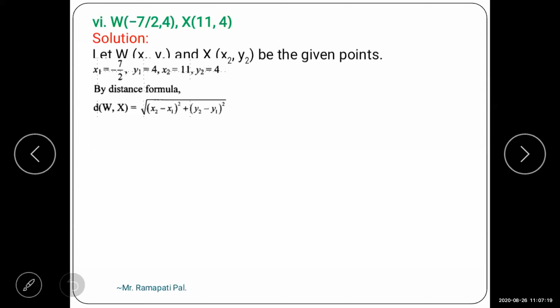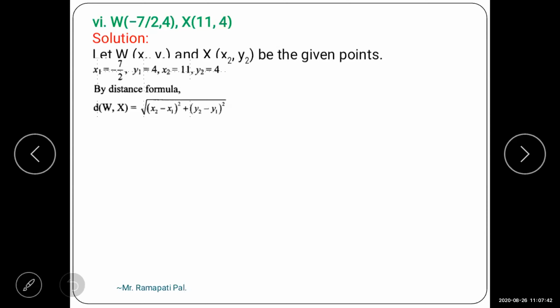Samriddhi and Hiral have written wrong formula. Please check it. Okay? Khushi, you have written wrong formula, beta. Correct it. Khushi also. See the slide properly.